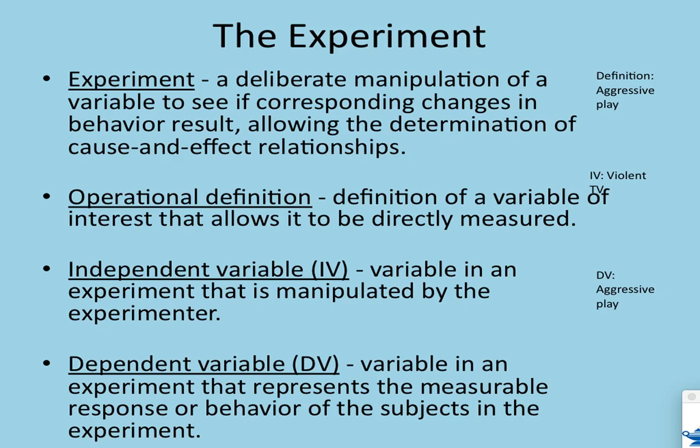So, I'm going to grab a yardstick, and I'm going to measure how high they can jump. What is my independent variable? What is my dependent variable? You got 5, 4, 3, 2, 1. Turn to your neighbors, share your answers. If you don't have a good one, get a good one.